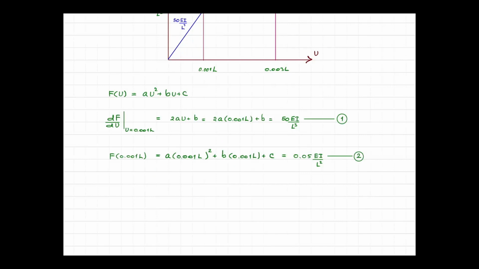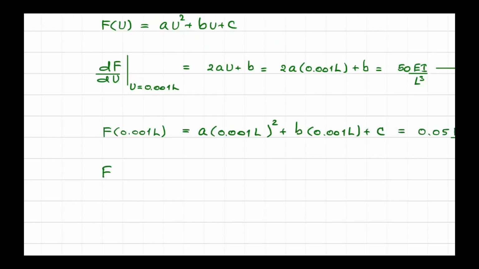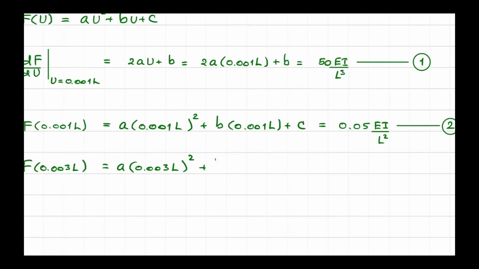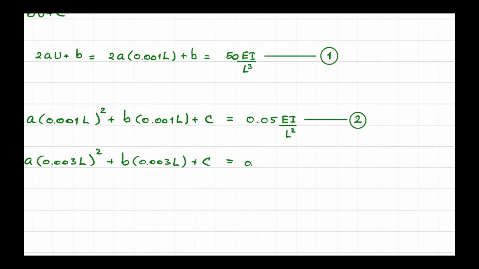And the last one, f at 0.003L equals to a times (0.003L) square plus b times 0.003L plus c equals to 0.075 EI over L square.